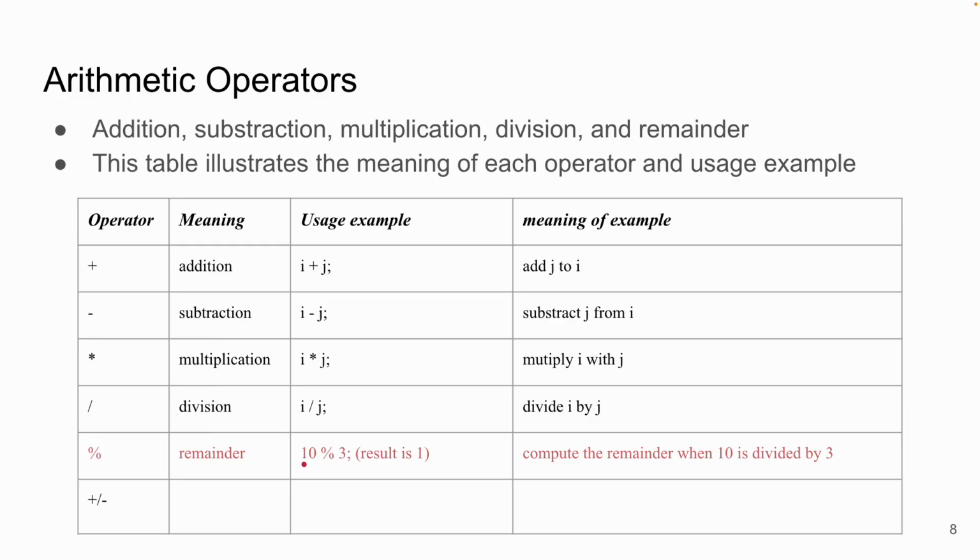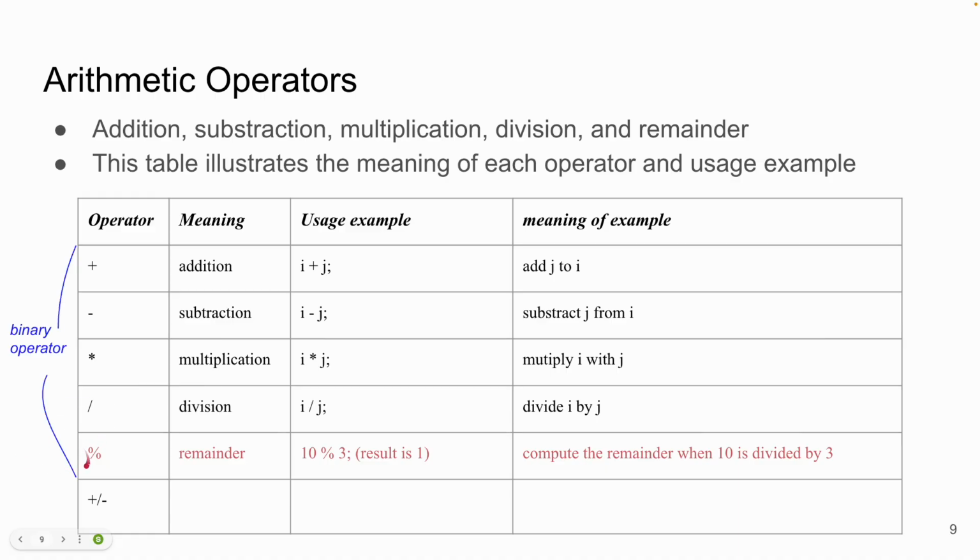If we write down this expression, the meaning is that we want to calculate the remainder when 10 is divided by 3. If we divide 10 by 3, the remainder will be 1, right? Because 3 multiplied by 3 is 9, and 10 minus 9 is 1. That is how we can calculate the remainder using this remainder operator.